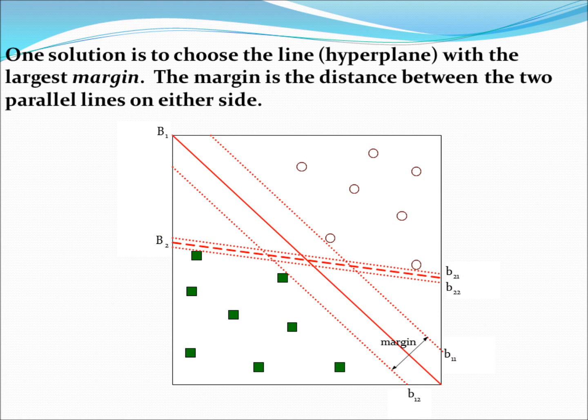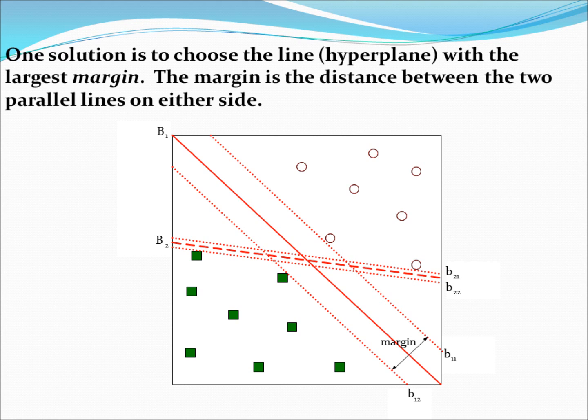So that's what happened. You get these two parallel lines that give you the maximum margin. The bigger buffer zone you have, which you call the margin, the better off you're going to sustain the noise, right? Are you with me?